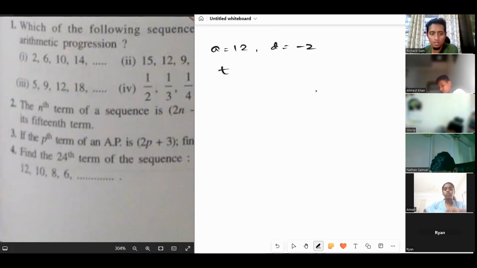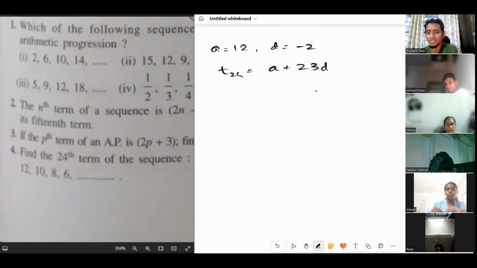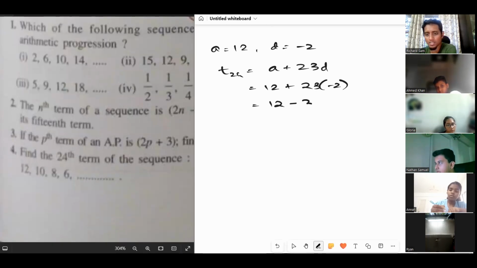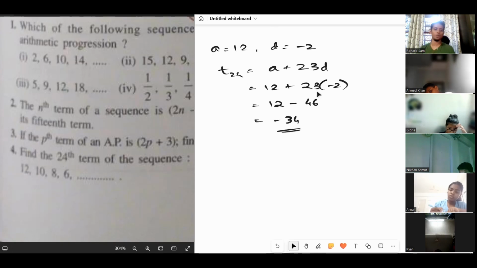So T24 will be A plus 23D. So that is 12 plus 23 into minus 2. 12 minus 46 is minus 34. Okay.